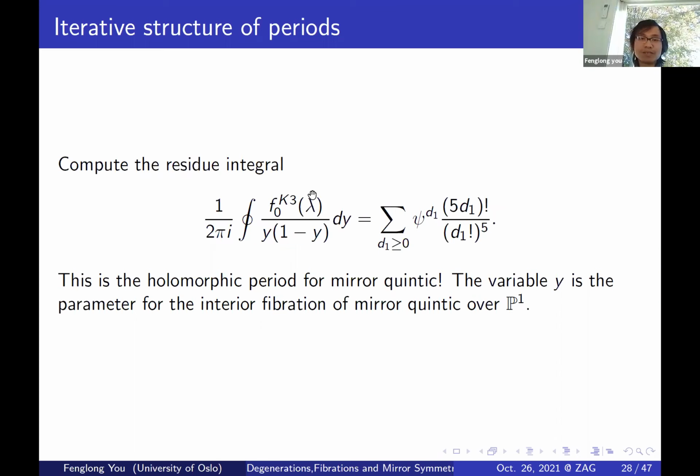the period of the mirror K3, with this generalized functional invariant lambda. And this variable y should be considered as the parameter for the interior fibration.